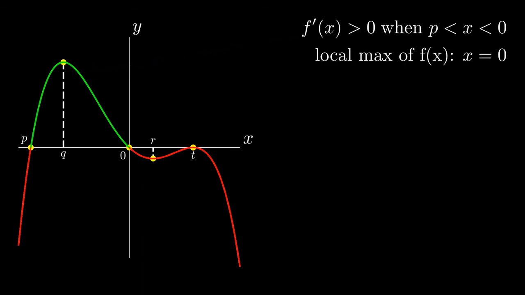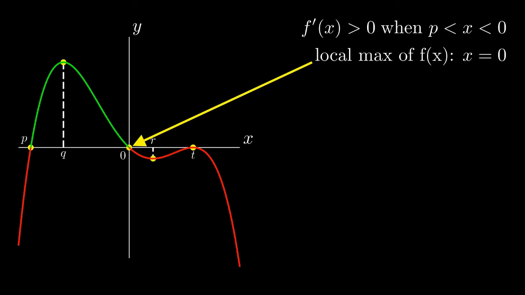A local maximum of the function is where the derivative is 0. Let's think of the function now. A maximum is where it's increasing, the derivative is 0, then it starts decreasing.